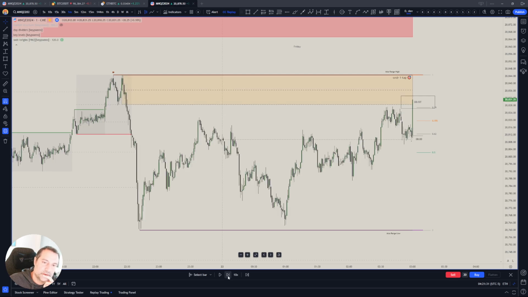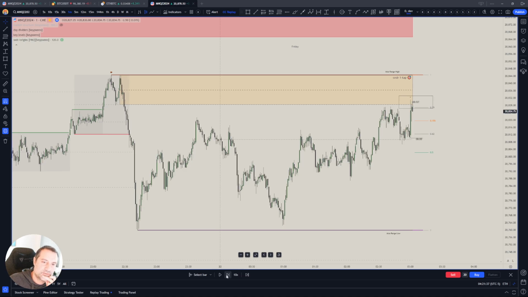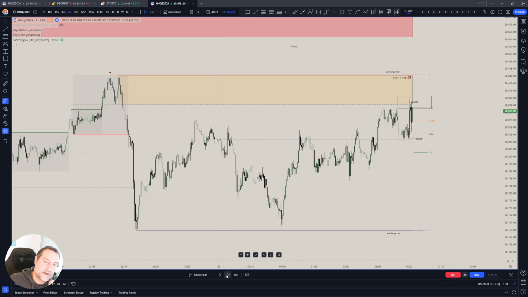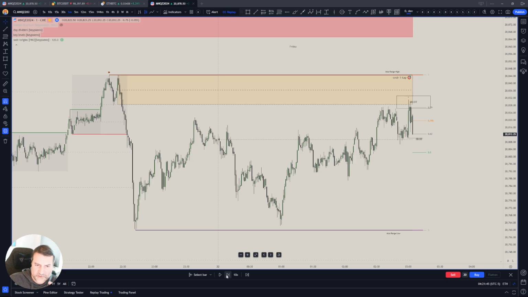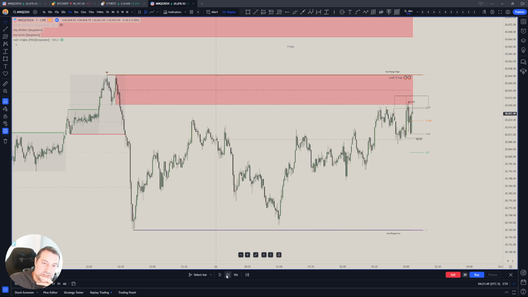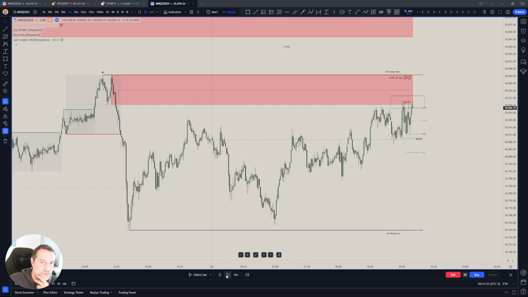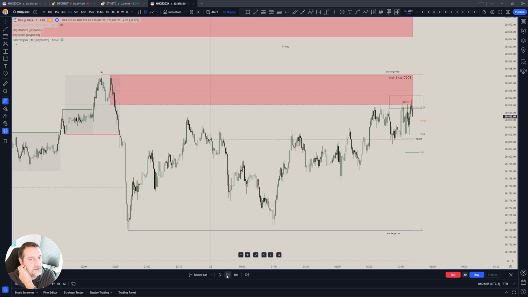Okay, so there's a run up and it marks that it has been tapped once, and then it has to completely leave the zone. And if after having left the zone it comes back to it and even wicks it, this is the current implementation, then it will say, hey, actually this zone has been tapped twice. And as we know, that's what was happening. Okay.